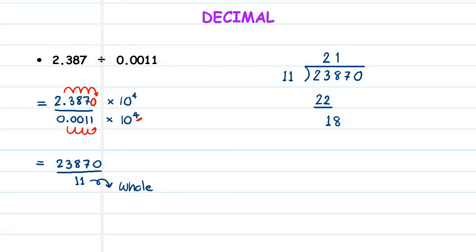We will get 1 over here. 11 times 1 gonna give us 11. And 18 minus 11 will give us 7. And now we can pull down 7. And here we will have 7. 11 times 7 gonna give us 77. So that is it. And we have 0 over here. So the answer is 2170.